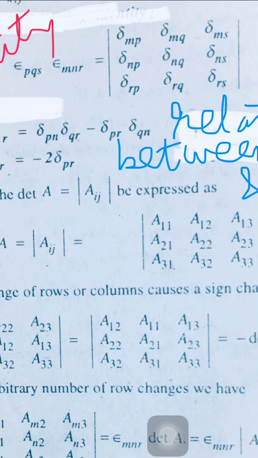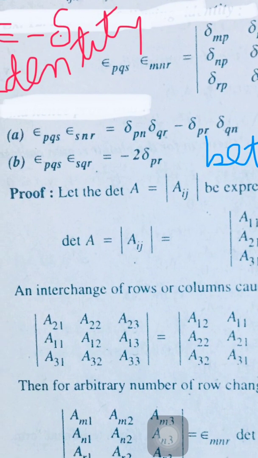Okay, when we expand these Kronecker deltas, take the first part, epsilon pqs epsilon snr. What we are observing from the above part to this part is that one index, s, is common.